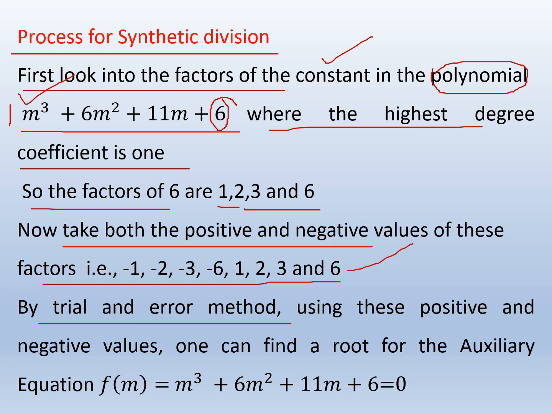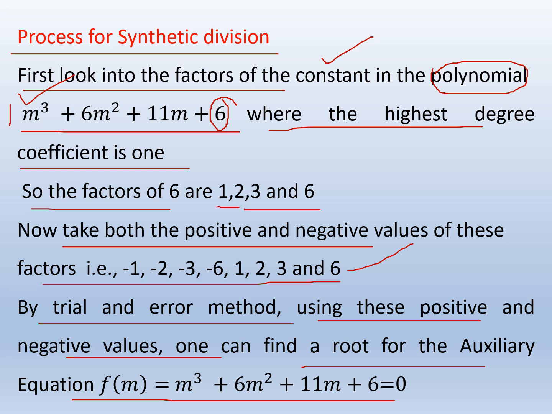Now by trial and error method using these positive and negative values one can find a root for the auxiliary equation, that is f of m equals m cube plus 6 times m square plus 11 times m plus 6 equals 0.